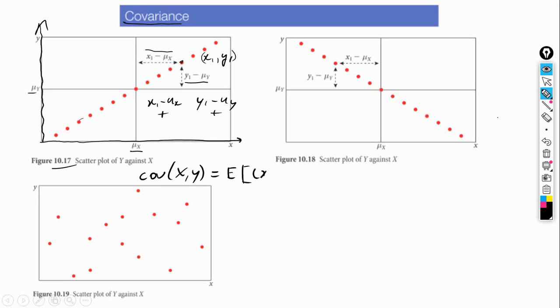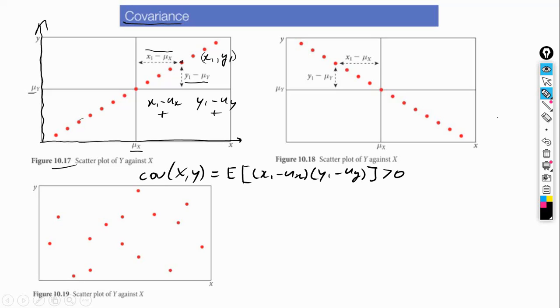So if we multiply the deviation for x times the deviation for y, in this case that we just saw, this will be greater than 0 because they are both positive. This indicates that the pattern in this data is going to be positively sloped, because the product of deviations from the mean is positive.